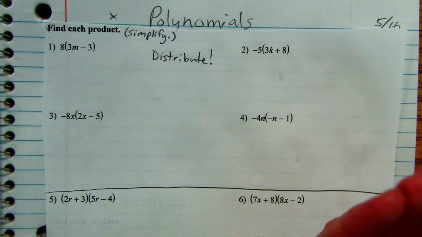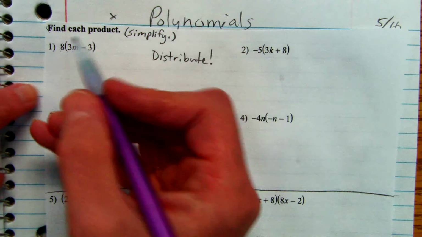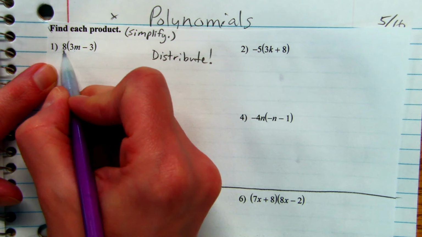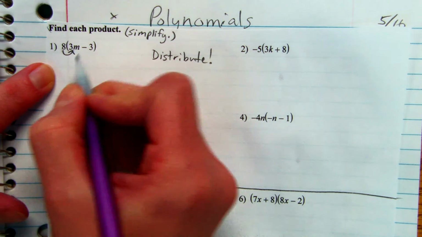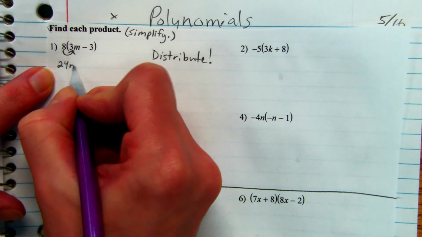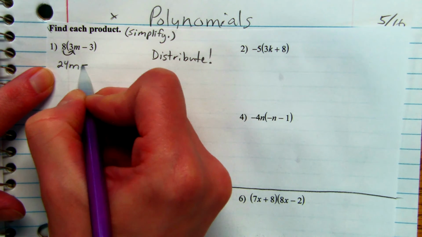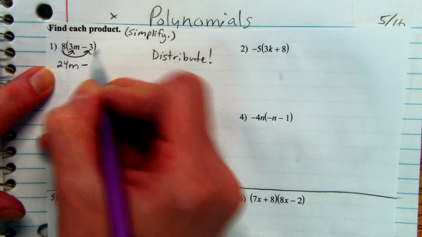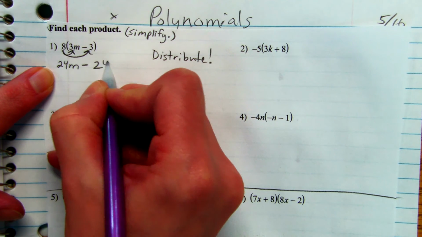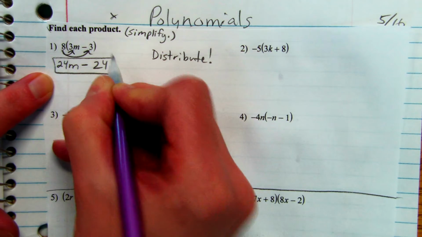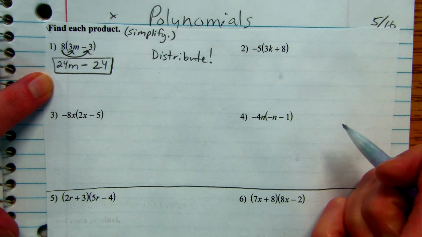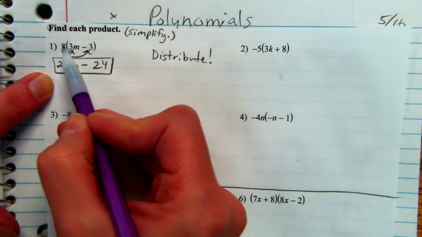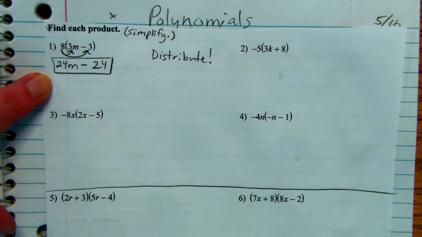So the first couple are the things that we've done before. So I'm going to take 8 times 3m to get 24m. And then we bring down the minus, and then 8 times 3 is 24. And that's it. You just distribute. Not too bad. It's just multiplying whatever's on the outside with everything on the inside.